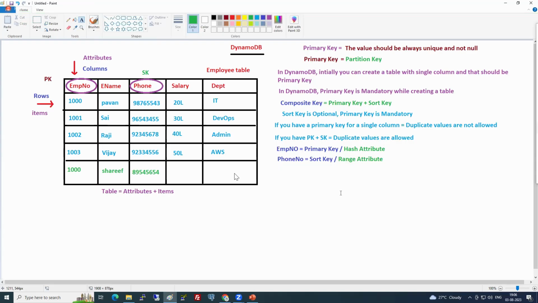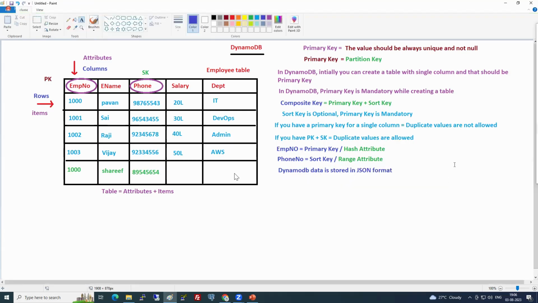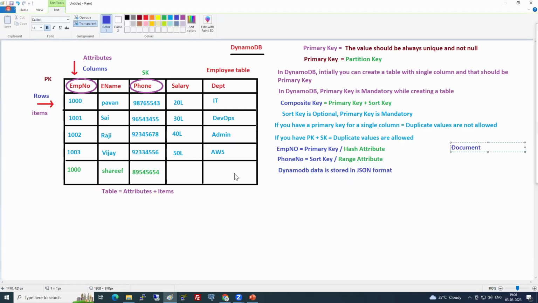So guys, when your developers are creating a table through the code, they will be identified as a hash attribute and then range attribute. So DynamoDB data is stored in which format? JSON format. And DynamoDB supports what models? Document models and then key value.